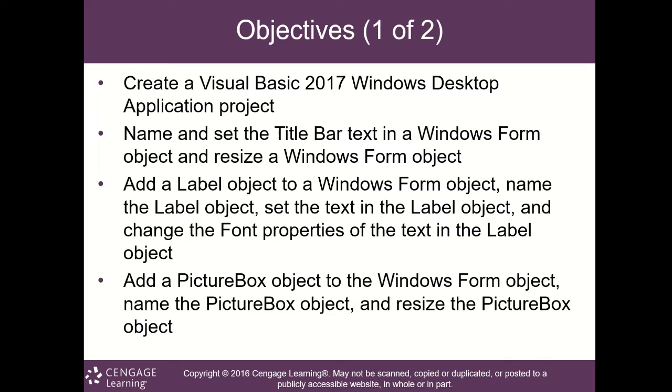Then we will be adding a label object to a windows form object. Name the label object, set the text in the label object, and change the font properties of the text in the label object. Finally, we will add a picture box object to the windows form object. The picture box object will contain some pictures.